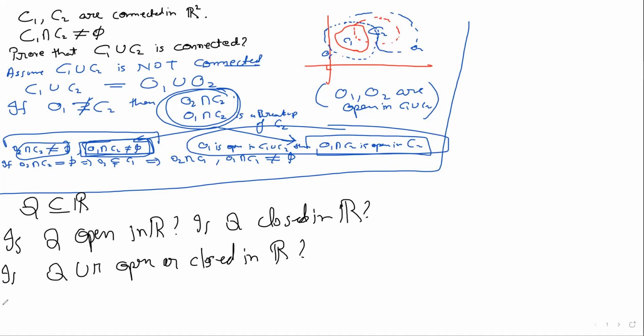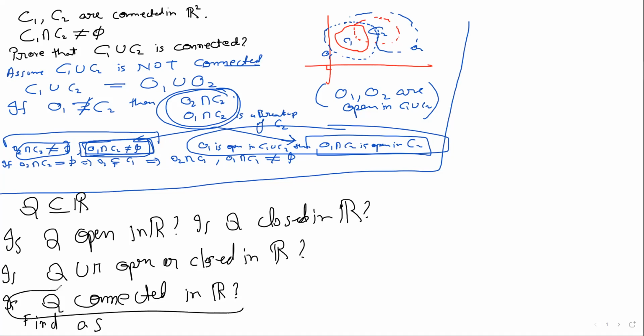Okay. And obviously, next question is, is Q connected in R? Okay, find, if not, a subset. If the answer to this is yes, then you already have the answer to the next question. This is what I'm thinking.